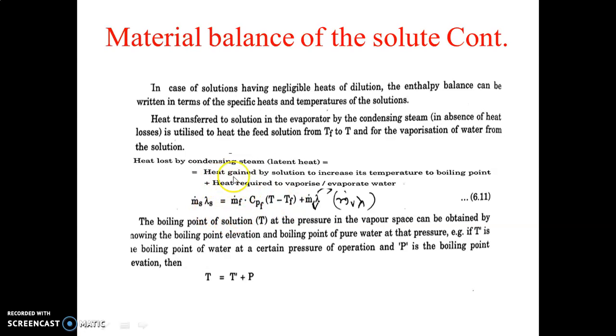This is the nomenclature we use in that condition. And this is equal to the heat gained by the solution to increase the temperature to boiling point.